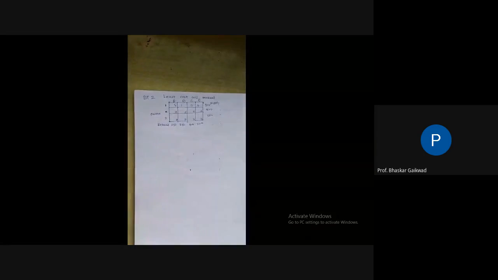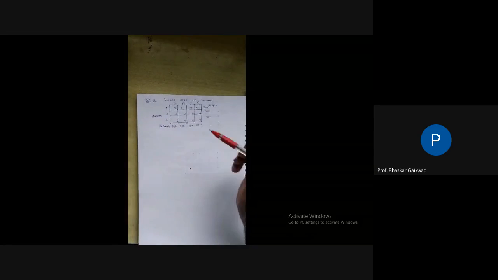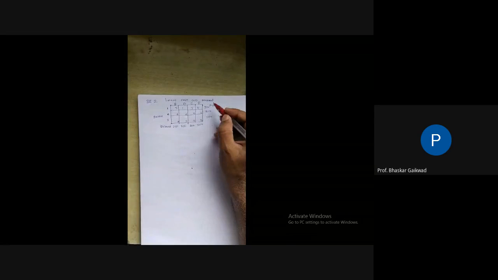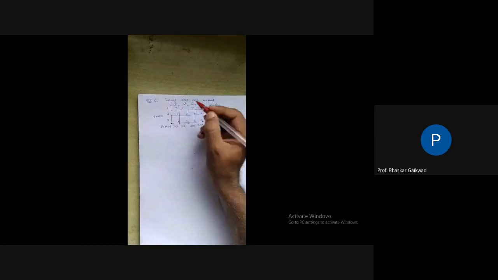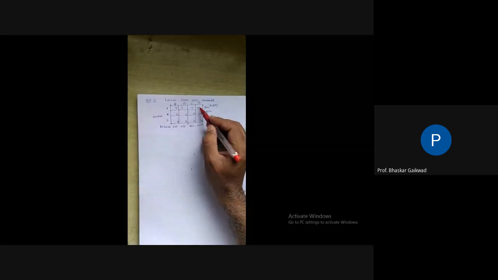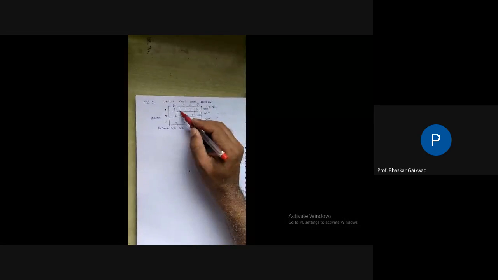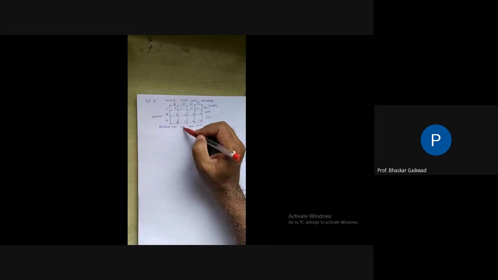So in this least cost cell method, in the first row, the minimum value is 1. So here you can mark a square. Now here supply is 300 and demand is 350.